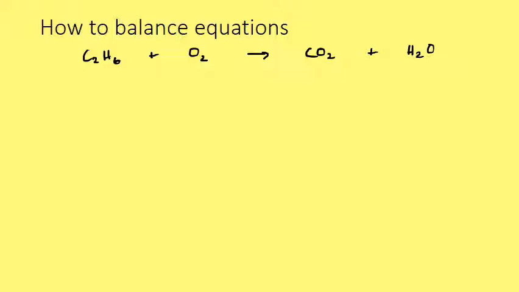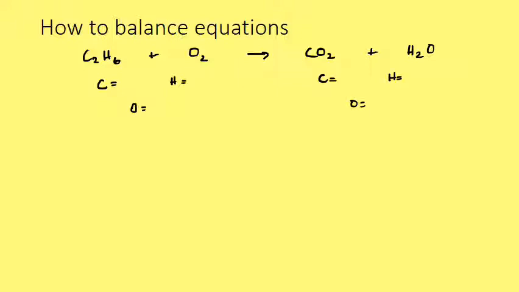Okay, as before, let's write down each of the elements. So we've got carbon, we've got hydrogen, and we've got oxygen. So we want to count the number of each of these in the reactants and also in the products. So we've got carbon, hydrogen, and oxygen in the 2 products as well.